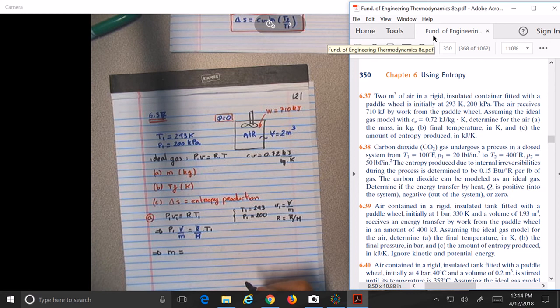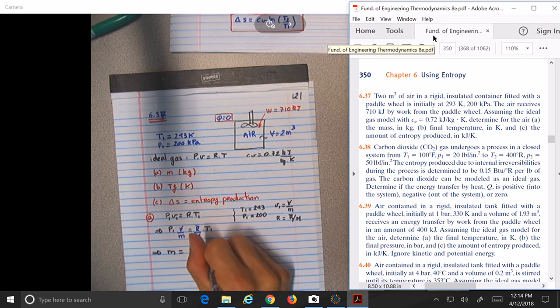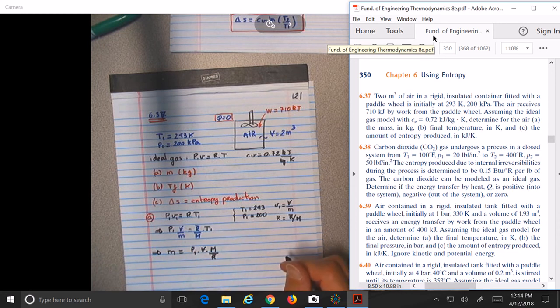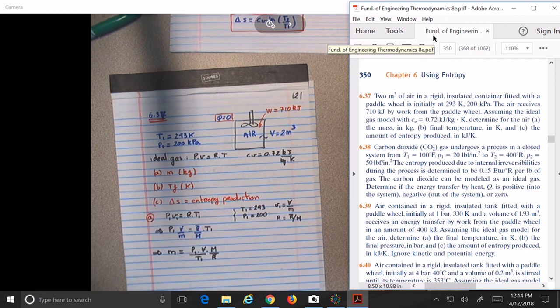Solve for m, what do I get? P1 times V times the molar mass divided by R bar, and all this divided by T1, no?